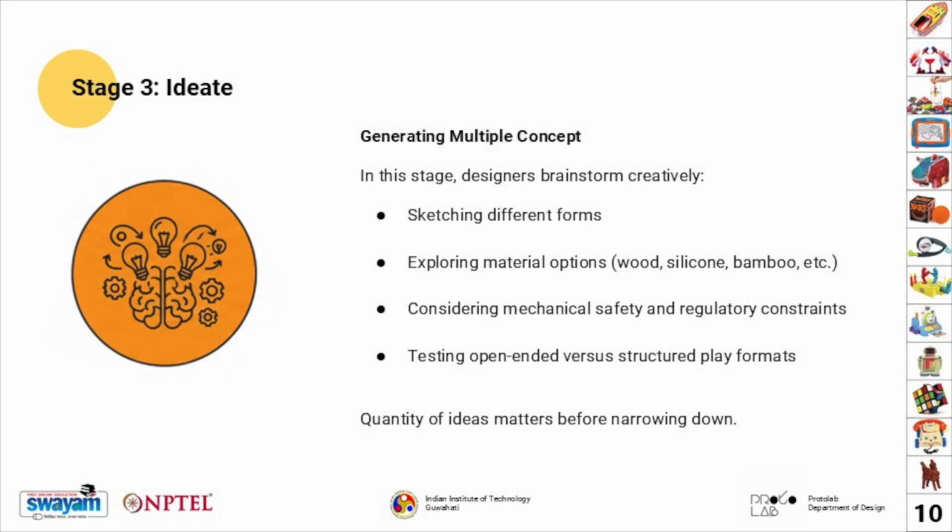Stage 3, ideate. In this stage, it is about iterating multiple concepts. Designers brainstorm and ideate different concepts creatively through sketching different forms, exploring material options like wood, silicone, bamboo, etc., considering mechanical safety and regulatory constraints, and testing open-ended versus structured play formats.